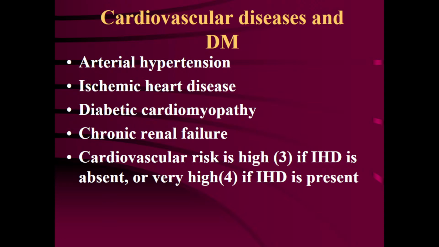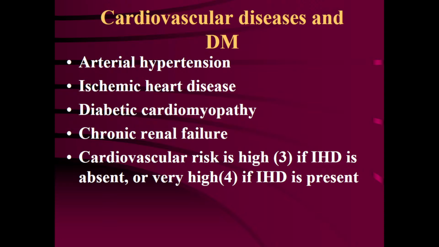But if there is diabetes mellitus in the patient, cardiovascular risk in such a patient with arterial hypertension or maybe ischemic heart disease becomes high, the third degree of risk, or very high, the fourth.